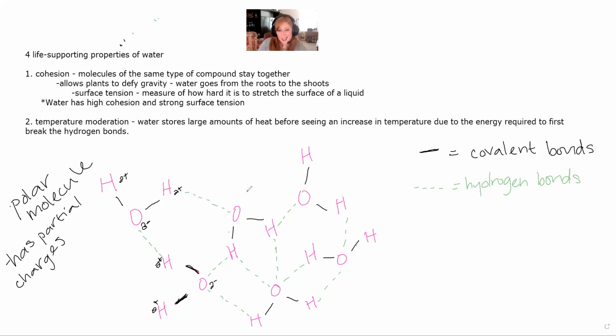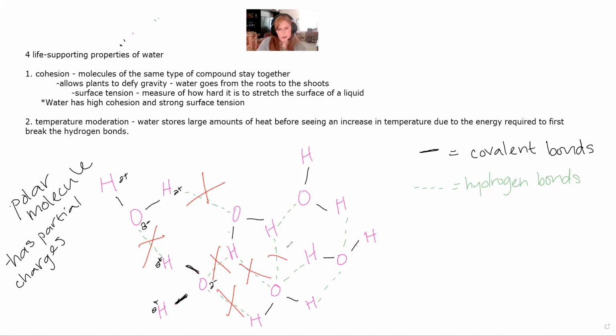But we have these hydrogen bonds here. And the hydrogen bonds are holding all of this liquid water together, right? And it takes a lot of energy to break the hydrogen bonds. Where does that energy come from? Well, it comes from the heat that you're putting in. When water takes on enough heat, it will break these hydrogen bonds.